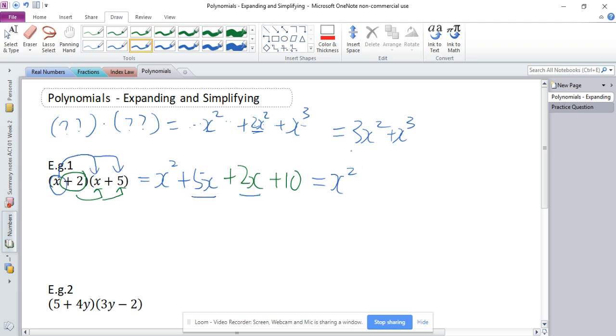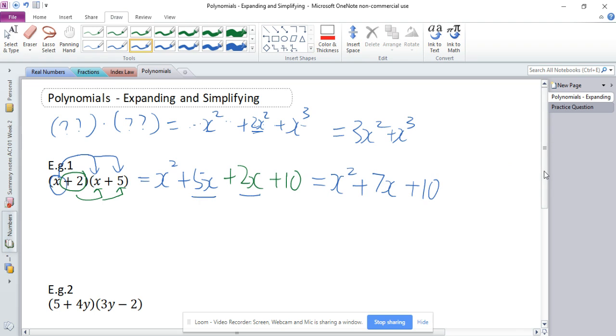We have 2 terms of x power of 1, so they are like terms. You can do the addition. So 5 plus 2 is 7x power of 1. Constant term is 10, and it only has one term, so just copy it. So that is an example of how to expand and simplify.